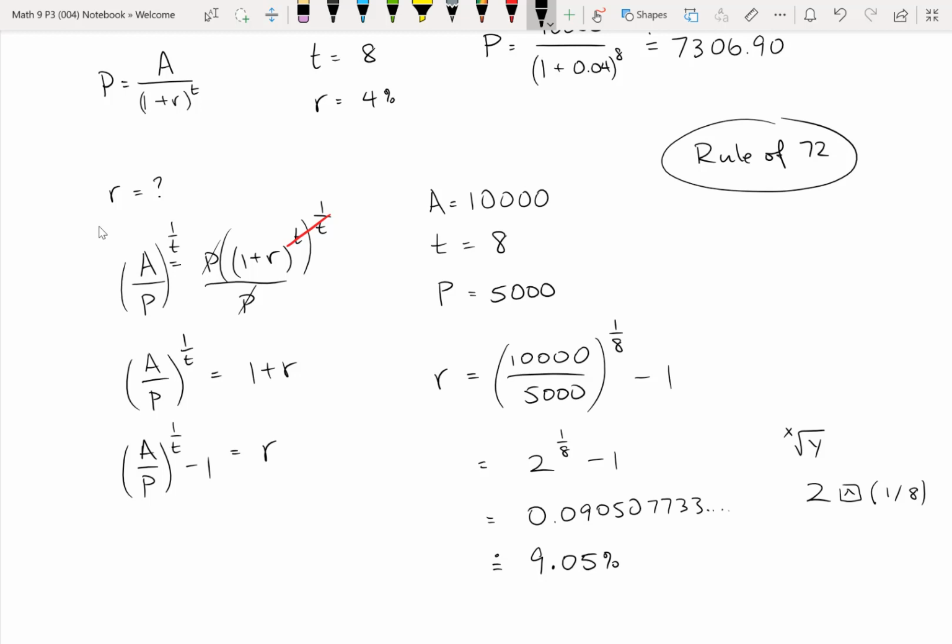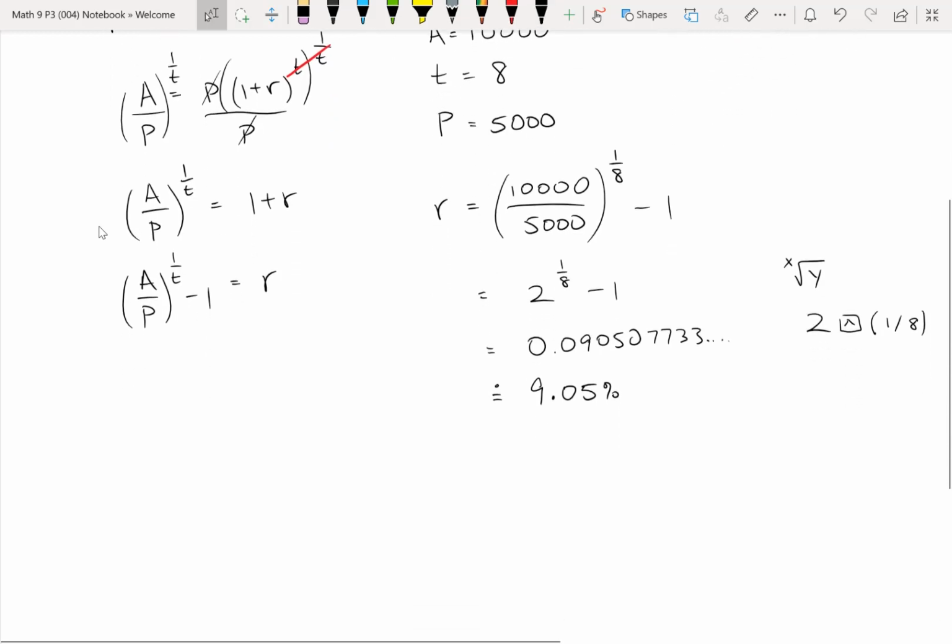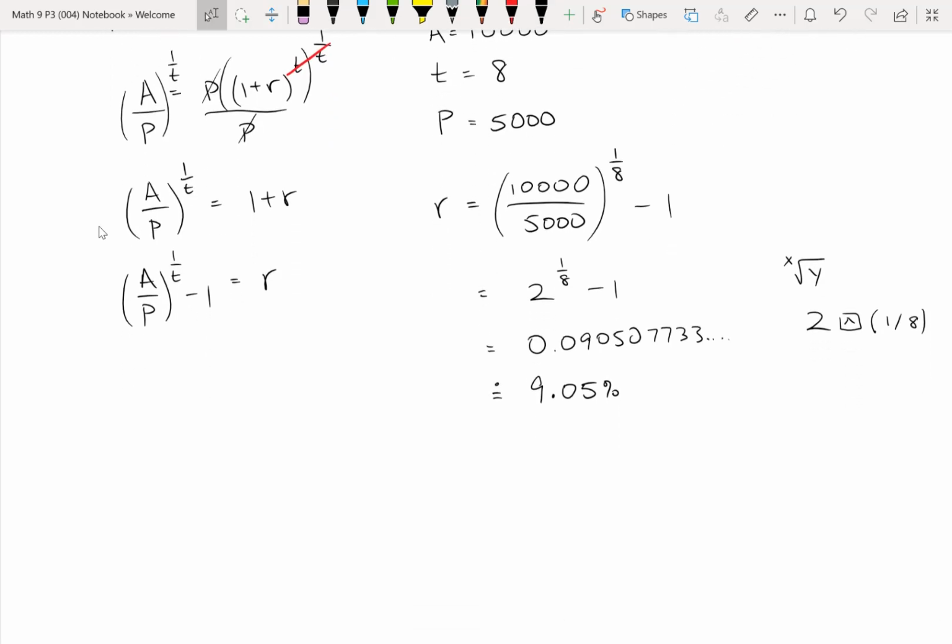Okay, so what's the only thing remaining in our formula that we haven't figured out how to solve for? It's t, the time. So if we're trying to find the time, this is tricky, because let's take a look at our formula. We have A equal to P times (1 plus r) to the t.